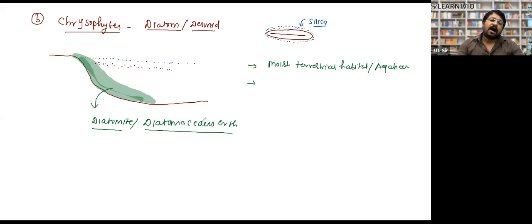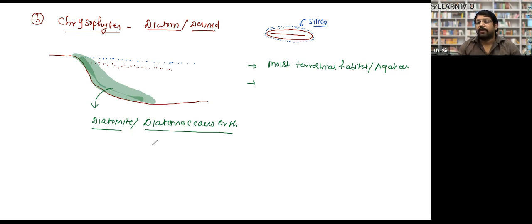After the death of the organism, they pile up at the bottom of the water body, and this thick layer of dead bodies is called diatomite.